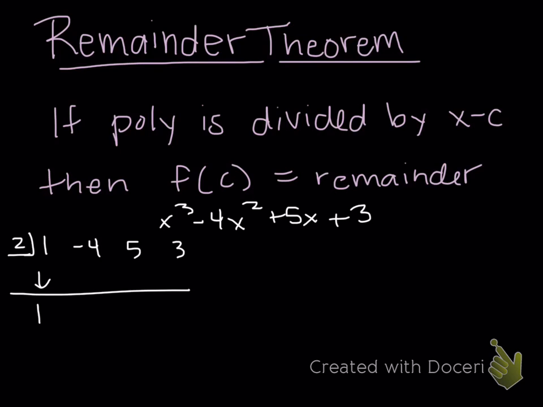I drop the 1, 2 times 1 is 2, I add, -2, multiply, -4, add 1, 2 times 1 is 2, 3 plus 2 is 5.